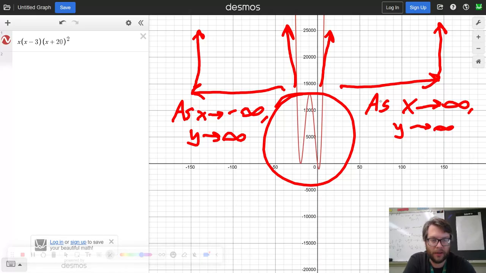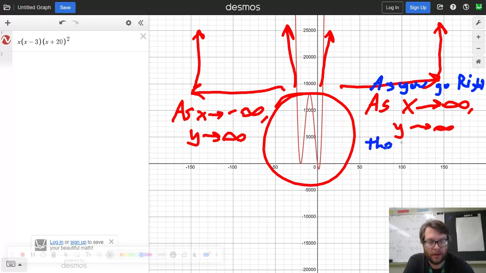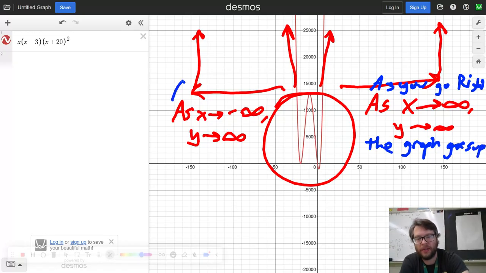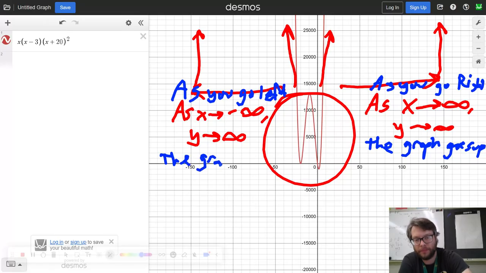This sentence right here is saying, as you go right, the graph goes up. And then this other sentence is saying, as you go left, the graph goes up.